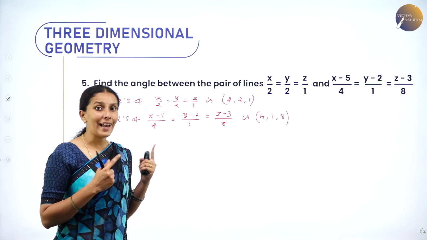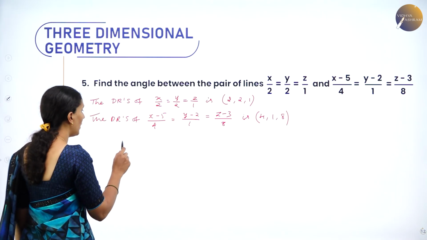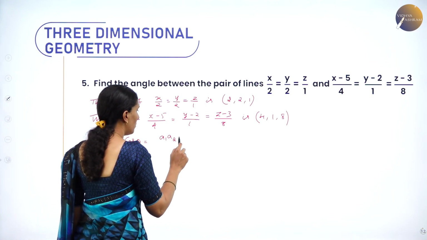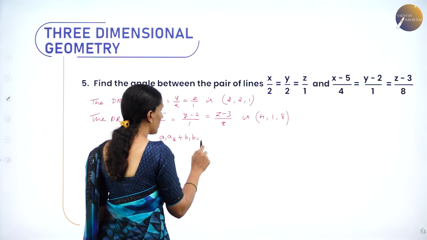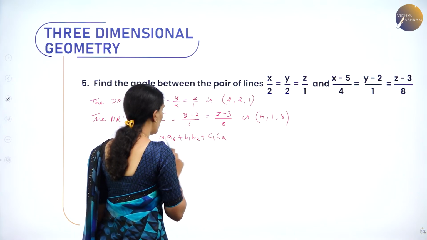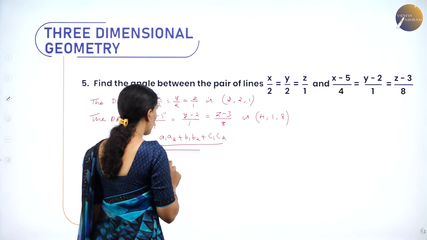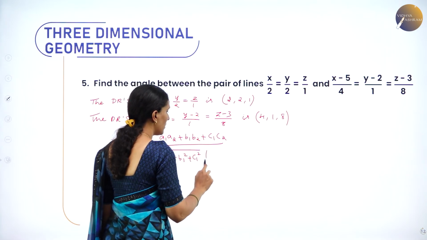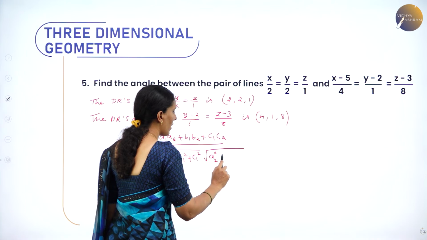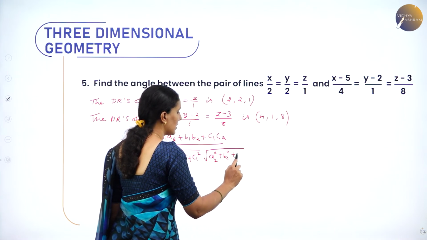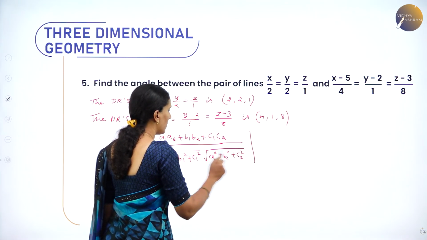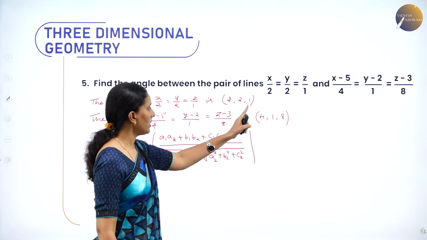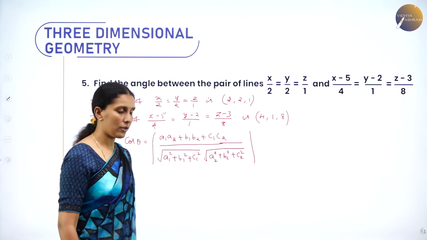Now once you know the direction ratios, you can use the formula, that is cos theta is equal to A1 A2 plus B1 B2 plus C1 C2, whole divided by square root of A1 square plus B1 square plus C1 square, times square root of A2 square plus B2 square plus C2 square. So now we have A1, B1, C1, A2, B2, C2, which are the direction ratios.